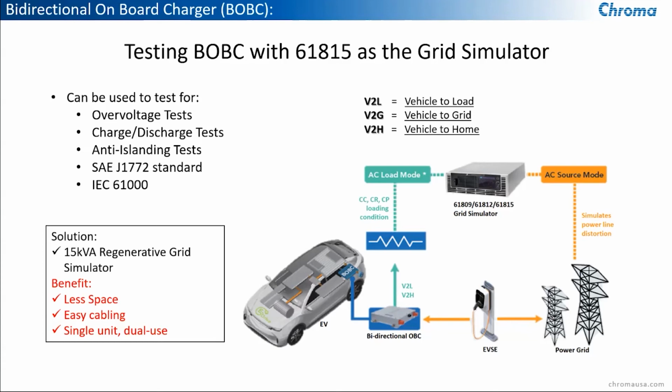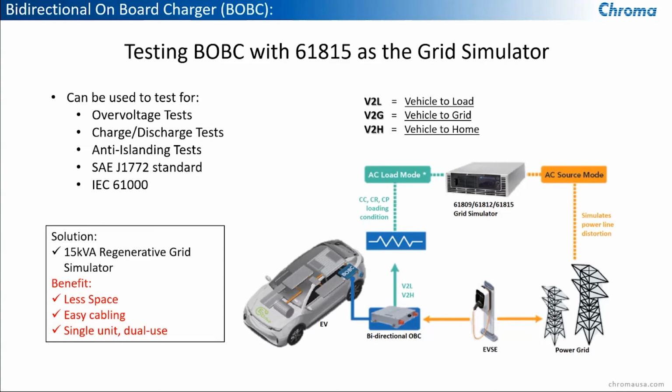Typically, to do this kind of test for a bidirectional onboard charger, you would have to have a very large independent AC, conventional AC load, and you would also need a separate AC source.